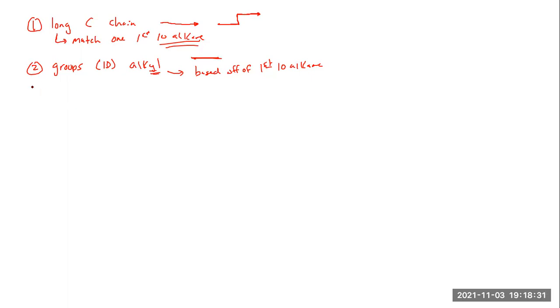Once you do that, the next thing you want to do is number the longest carbon chain. The goal of numbering, in the case of alkanes, is to give the groups the smallest numbers.